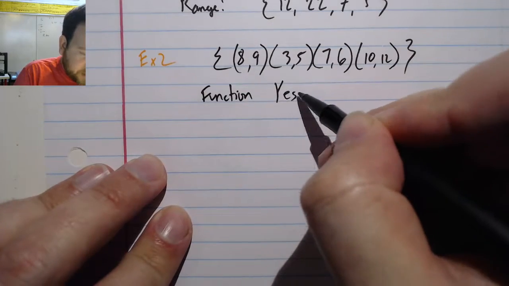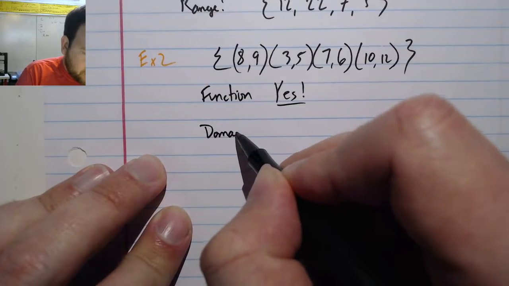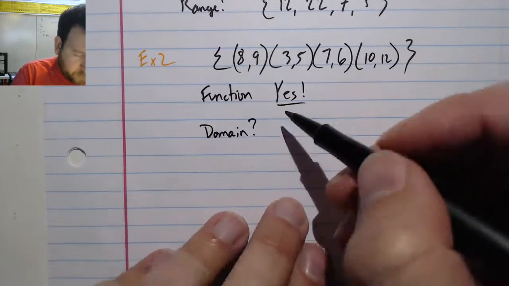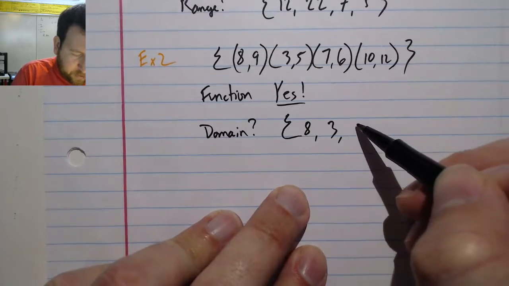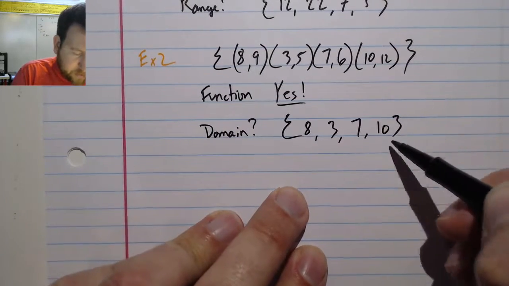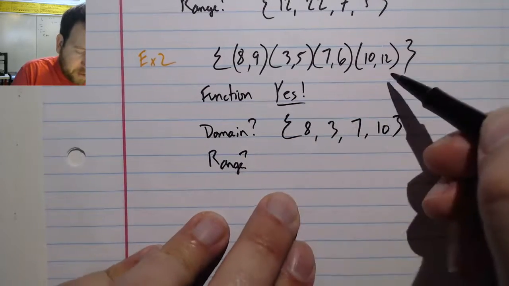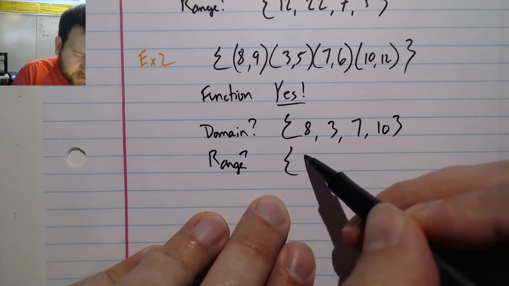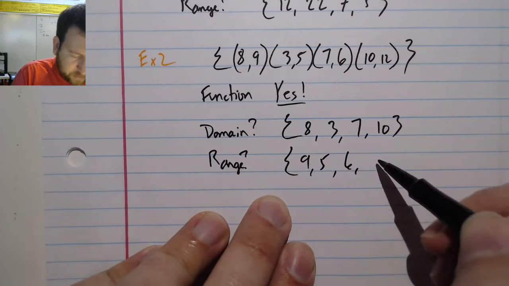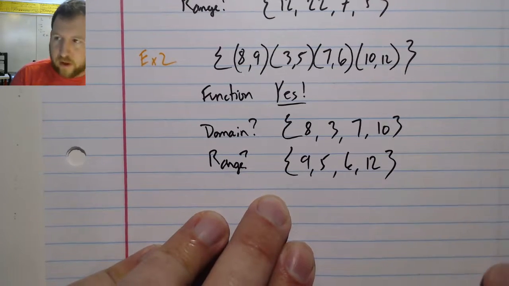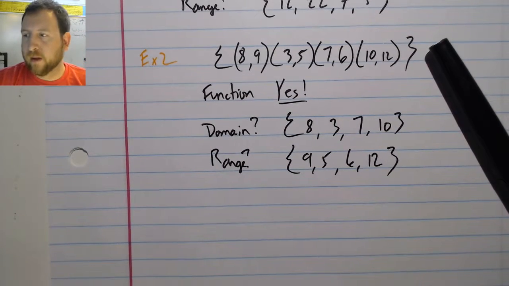So as far as I can tell, yes. Domain: we have 8, 3, 7, 10. Range: our outputs, we have 9, 5, 6, 12. There we go. Done. Not too bad. Go ahead and good luck.